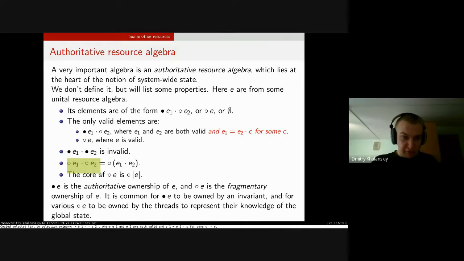And the fragments, on the other hand, can be combined together to form combined fragmentary pieces. This equality works both ways. So if you have a fragmentary piece, you can split it in several. The core of the authoritative piece doesn't exist, and the core of the fragmentary piece is the core of the piece itself, placed as a fragment.